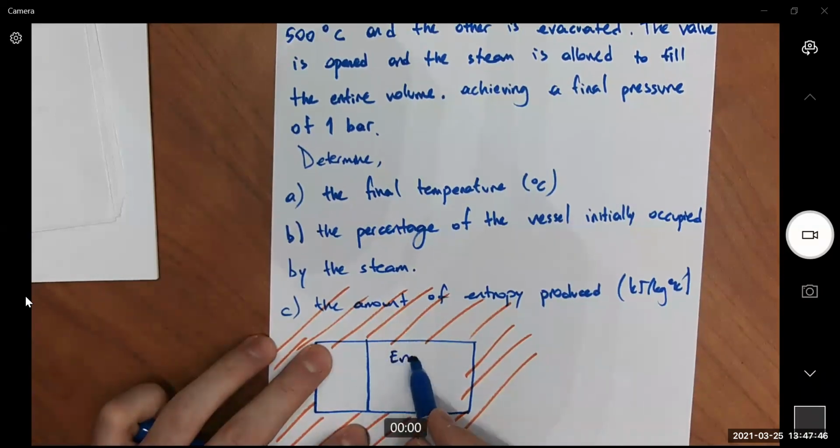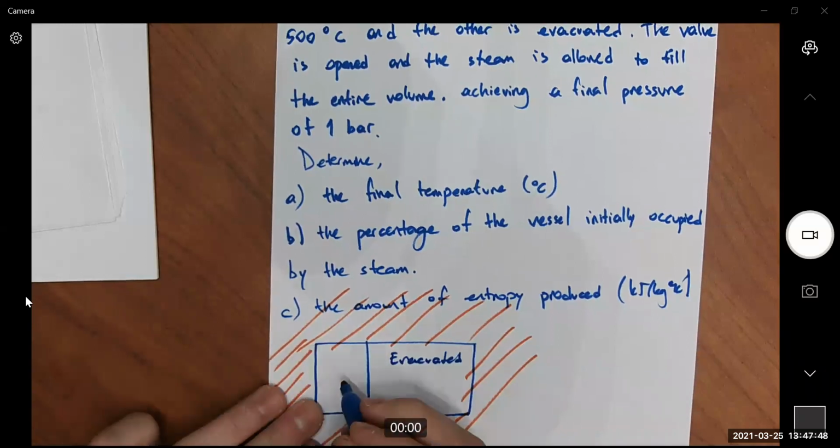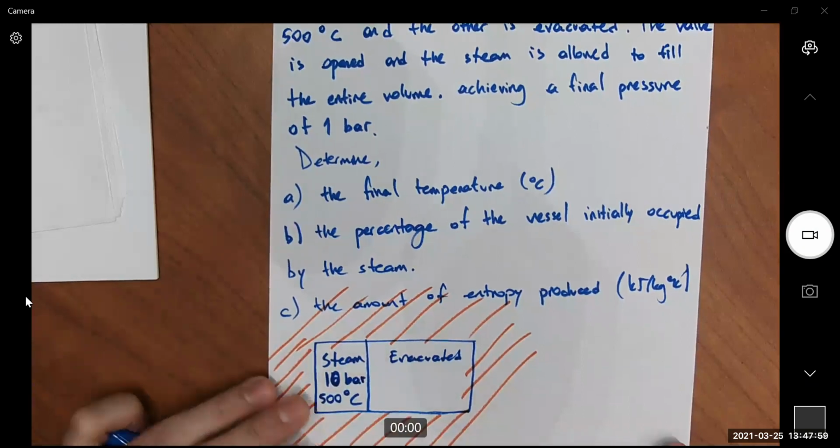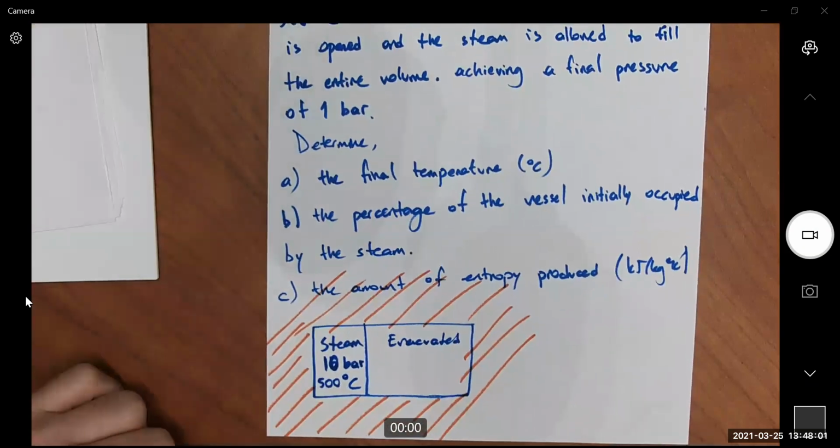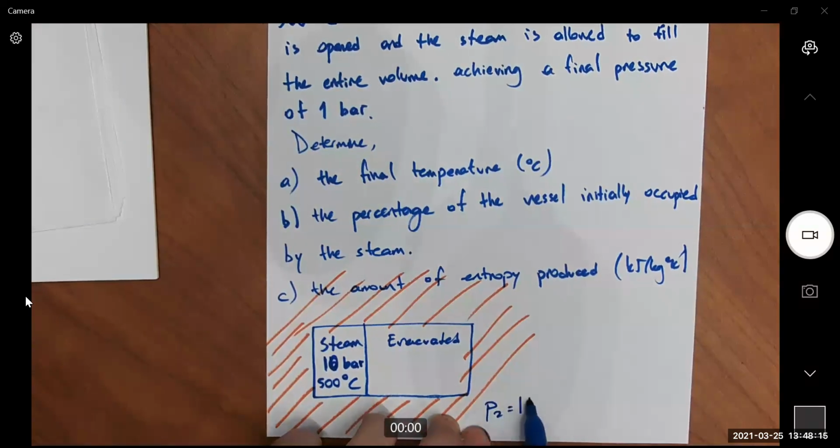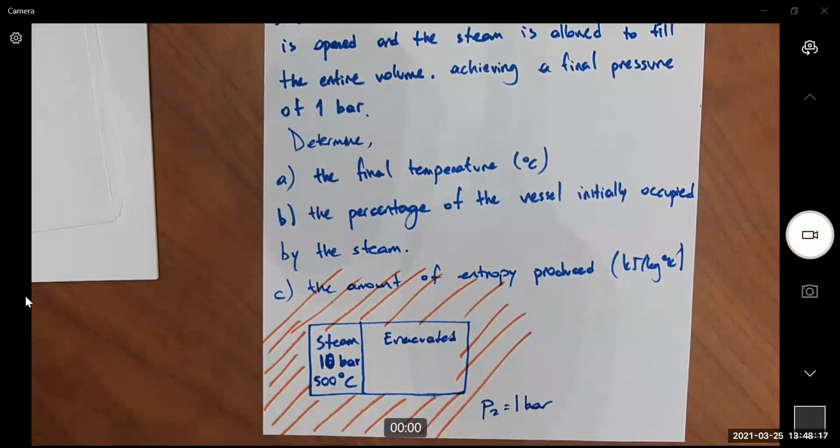One part is evacuated, and the other section has steam contained in the system at 10 bar and 500 Celsius. And the final pressure after we open the barrier is 1 bar.